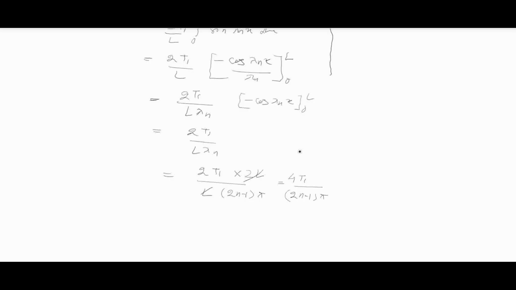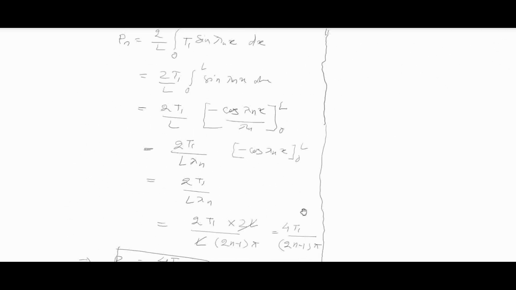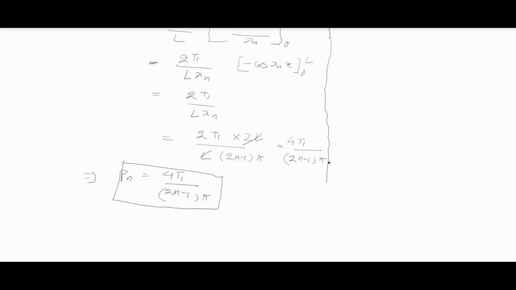Okay, clear about that? So finally what we got: Pn is equal to 4T1 by (2n minus 1) pi. This is equation number 11.